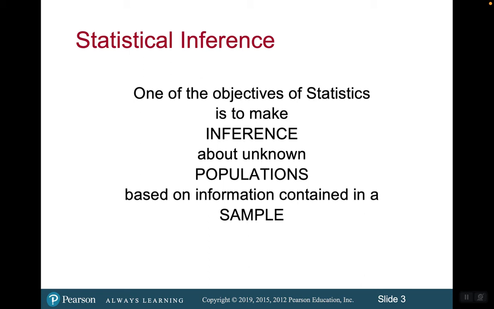All right. So what we're going to do is we have a population. We draw a sample or set of samples from that population, do an analysis of that, and then use the results to make an inference about the characteristics of the overall population based upon our sample.